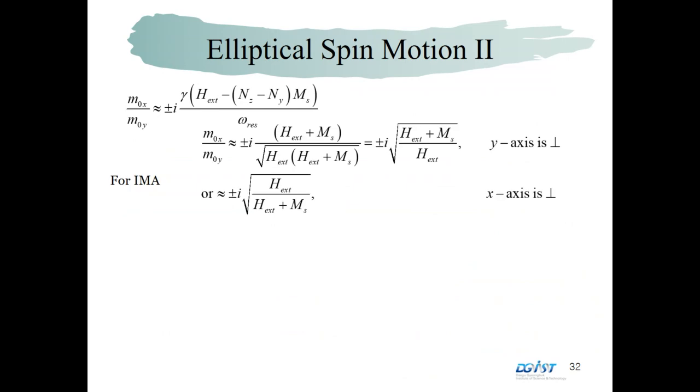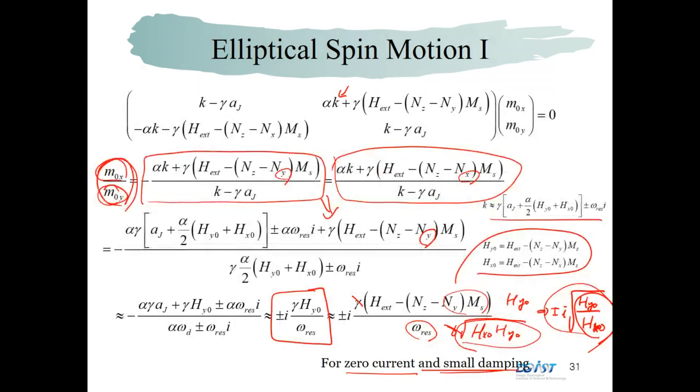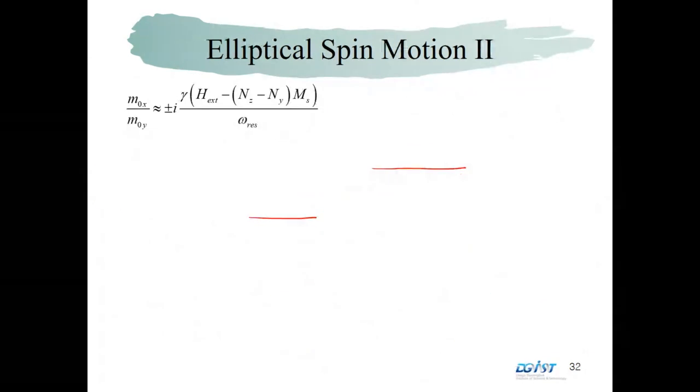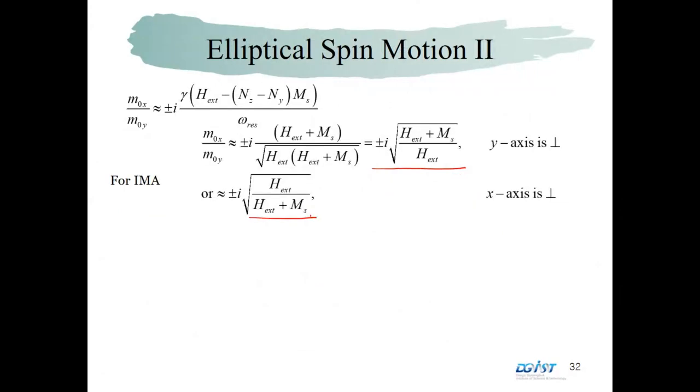So if we use that relation again, we can obtain this form, or this form depending on here. If we play with this term, we can obtain this one.